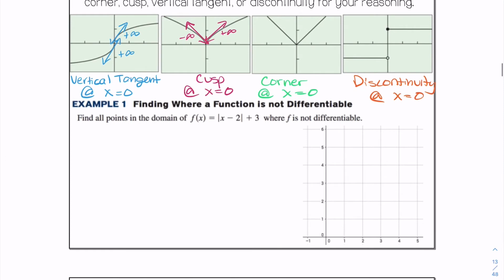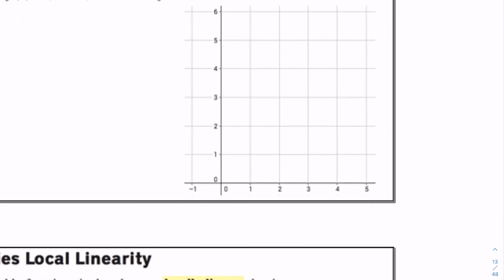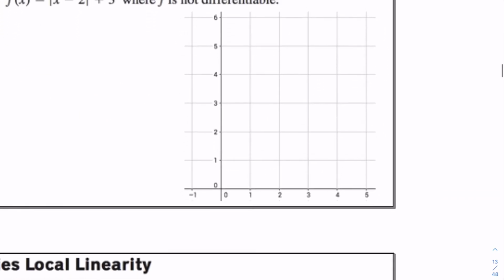Okay, so here, let's find all the points where this graph is differentiable. It's an absolute value. Looks like there's no scale factor on it, so it is just going to be an absolute value. So I'm going to graph it.